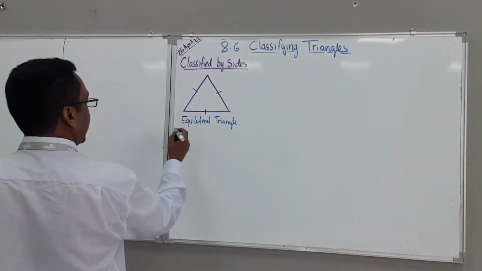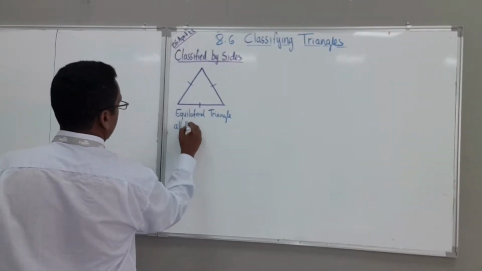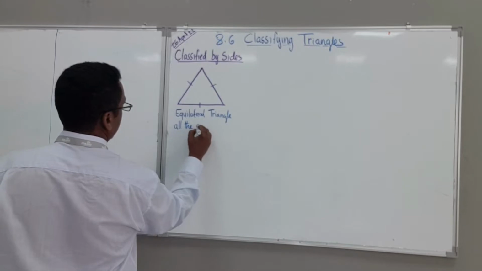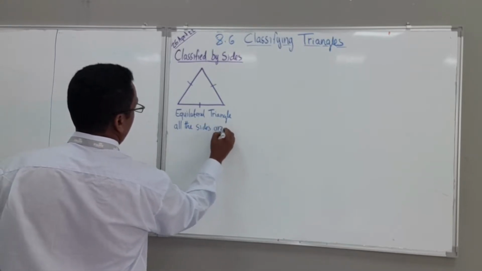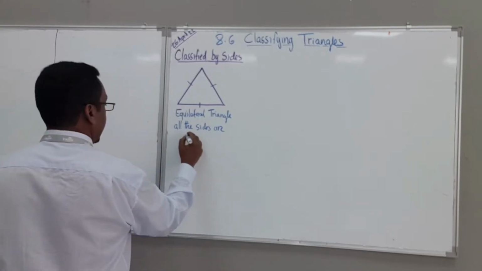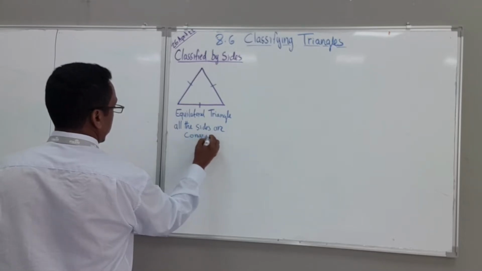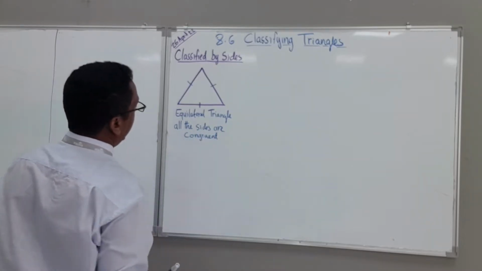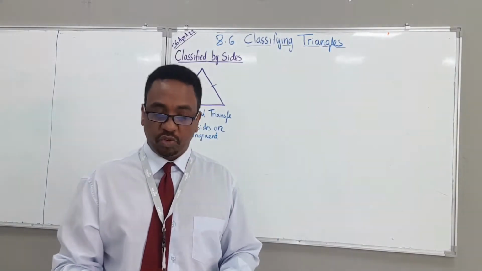So write down underneath it, all the sides are congruent. Congruent means they are all the same. That's our first one.